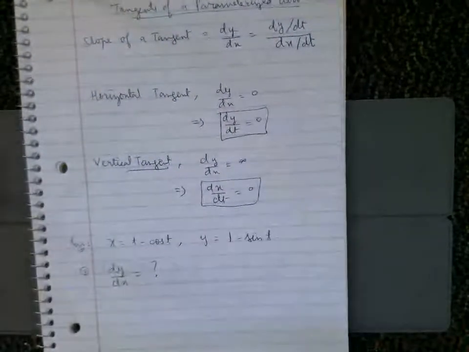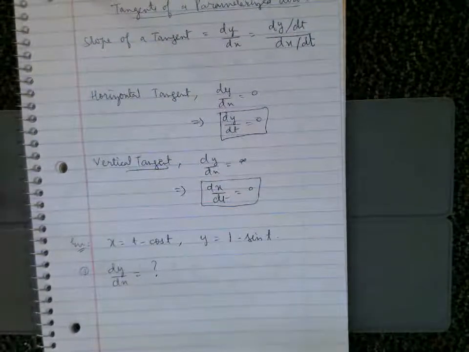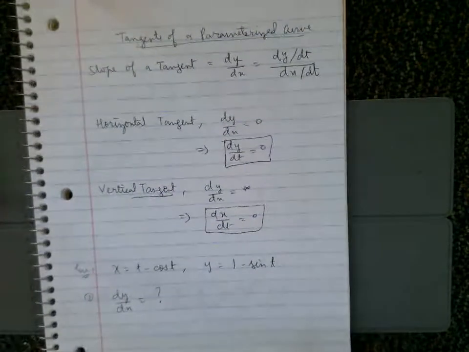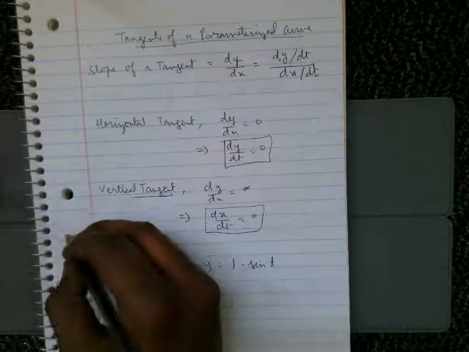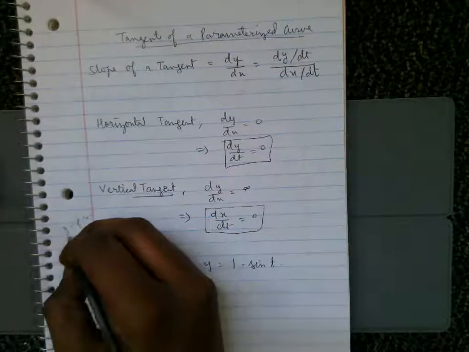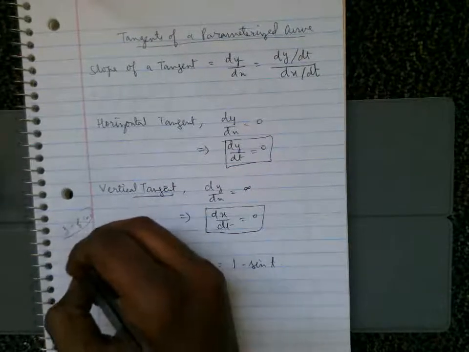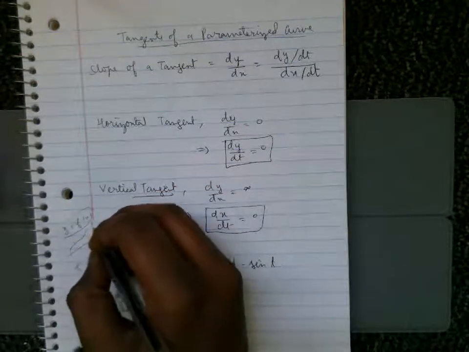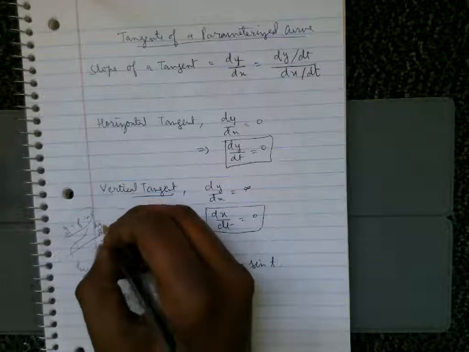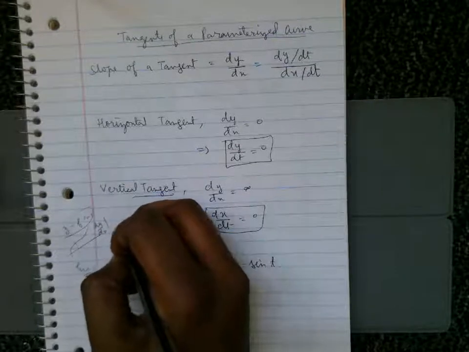Now we'll talk about the tangent of a parameterized curve. When a curve is parameterized, it is similar to the function y is equal to f of x. If you want the slope of a tangent, of course you will find the derivative dy by dx at x equal to x naught.